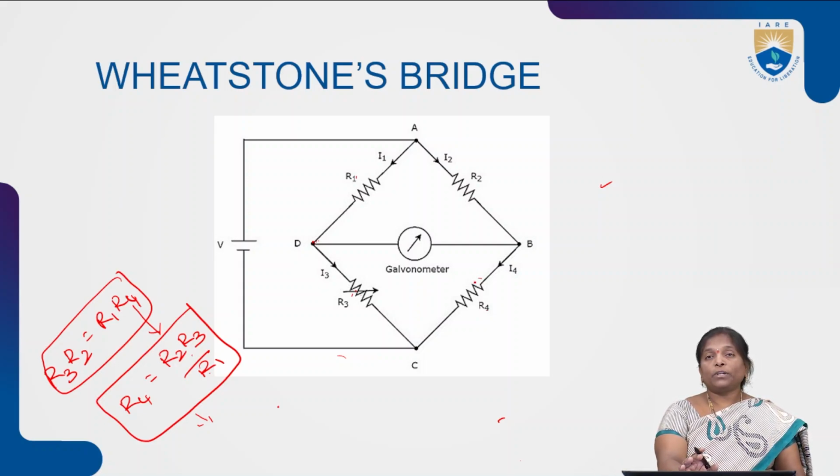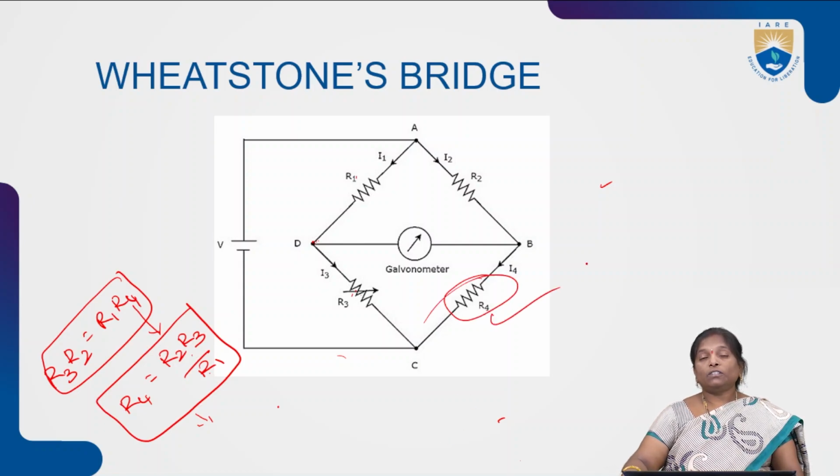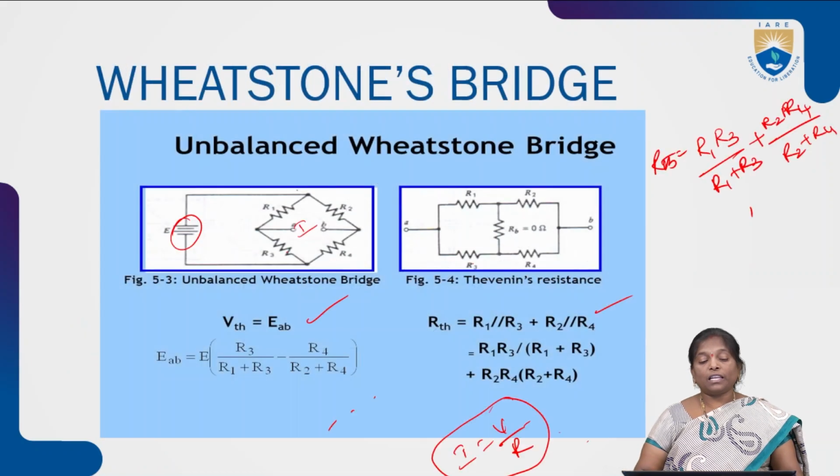So if the bridge is in the balanced condition, we need to calculate that unknown arm. But if the bridge is in unbalanced condition, then we need to calculate the current passing through the galvanometer. This is about the balanced and unbalanced conditions in the Wheatstone bridge to measure unknown resistance.